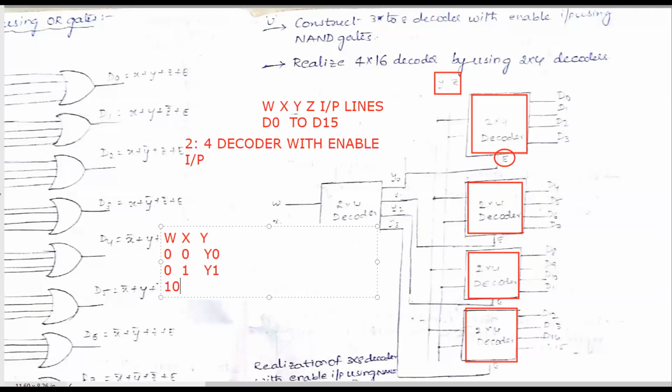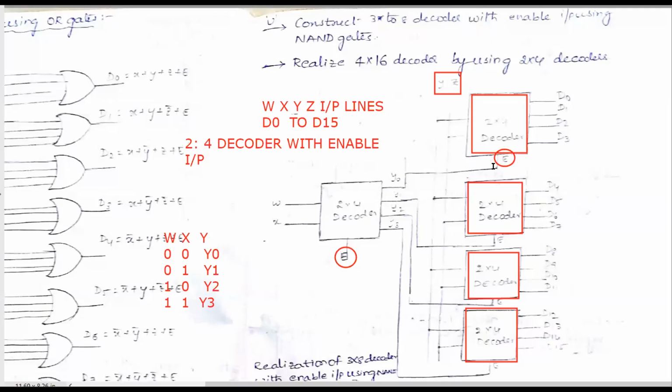Similarly, if it is 1 0, the Y2 line will be selected. If it is 1 1, the Y3 line will be selected. By choosing this table, 0 0 gives the Y0 line, 0 1 gives Y1 line, 1 0 means Y2 line, 1 1 means Y3 line.